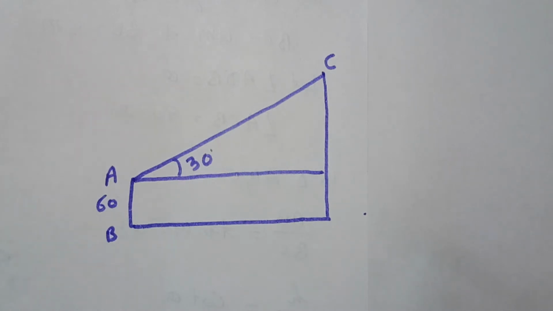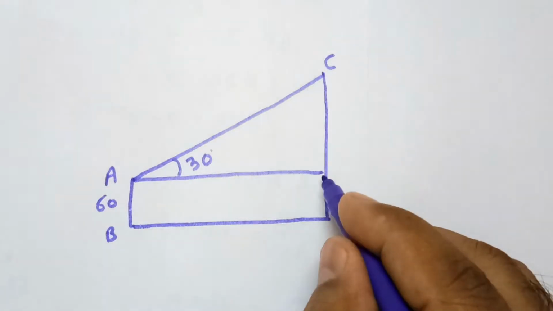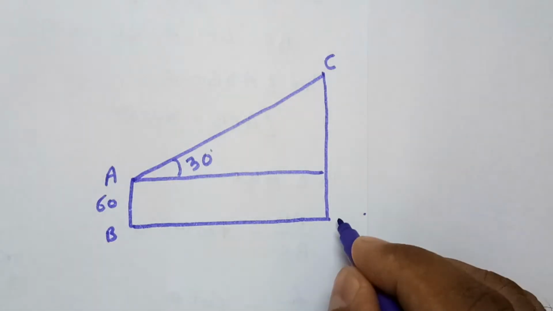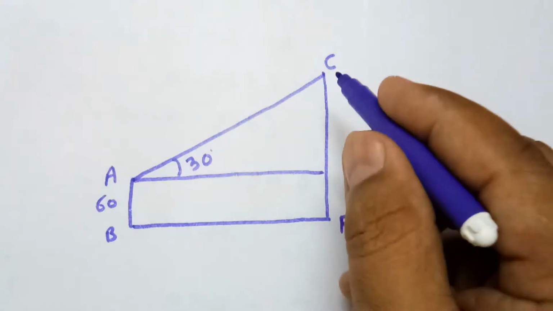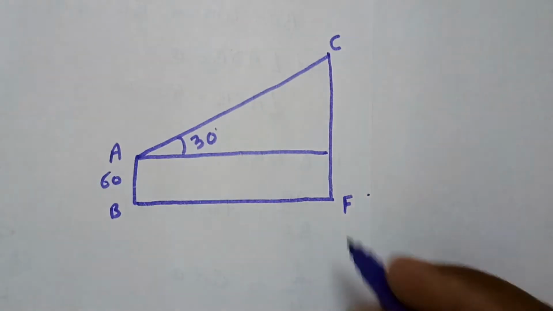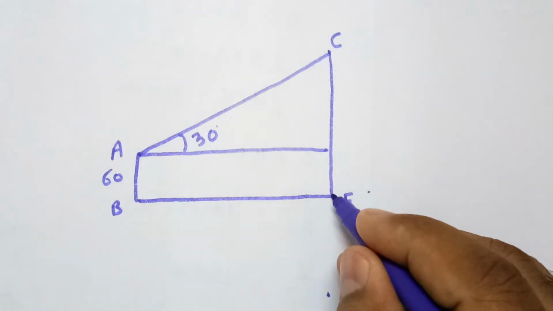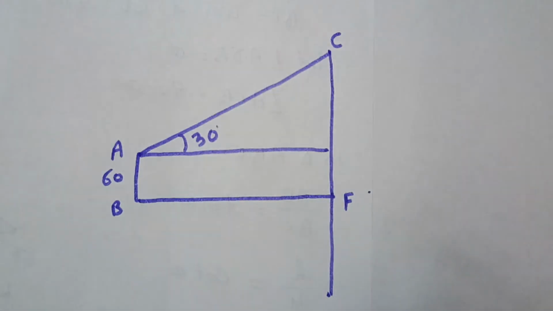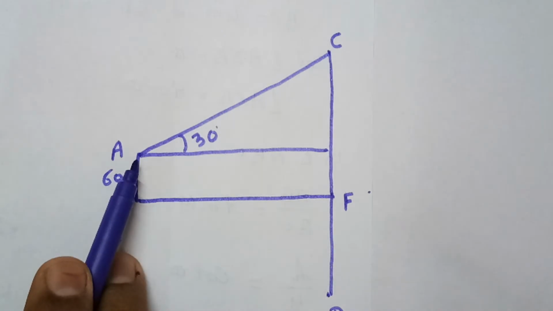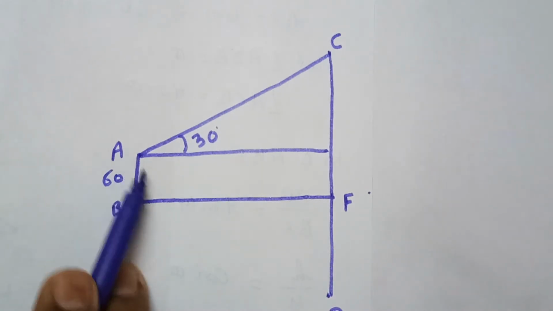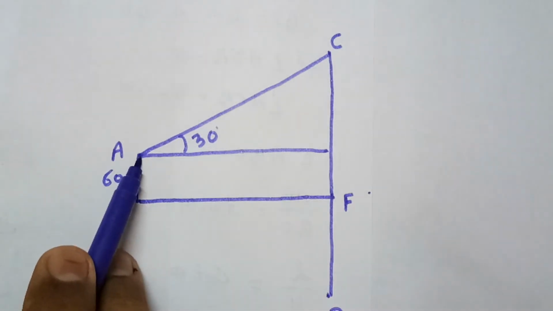And the angular depression of the reflection of the cloud in the lake is 60 degree. So this BF is the lake, and the angular depression of this cloud. So let this be point D, because the observer who is sitting at a height of 60 meter will see this cloud in the lake.